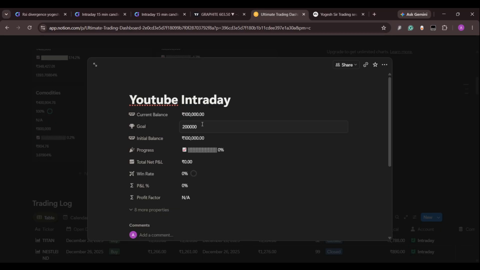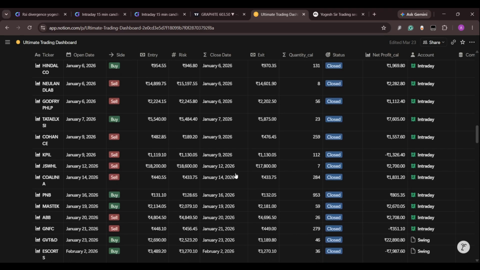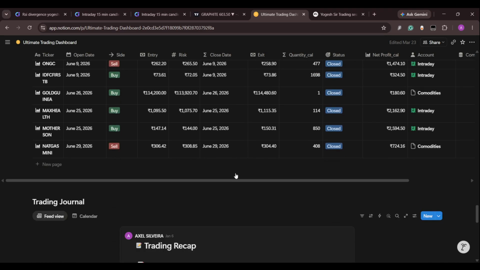I want to double my money. Okay. So if anybody wants this trading journal, do let me know. I will share this journal with y'all as well. It's a free journal.